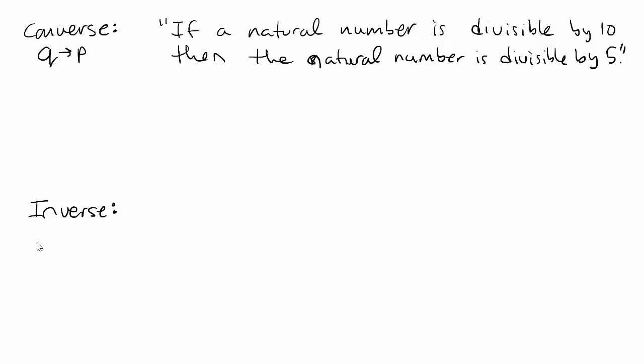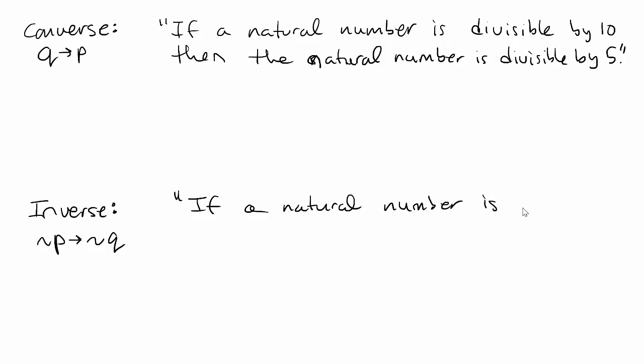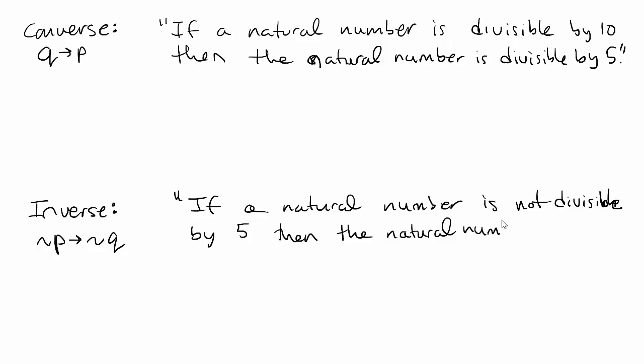The inverse is just negating the P and the Q from the original conditional statement. So it's going to be read if a natural number is not divisible by 5, then the natural number is not divisible by 10.